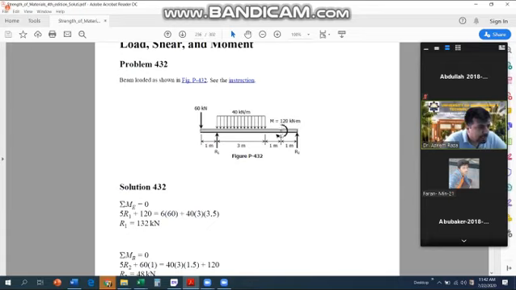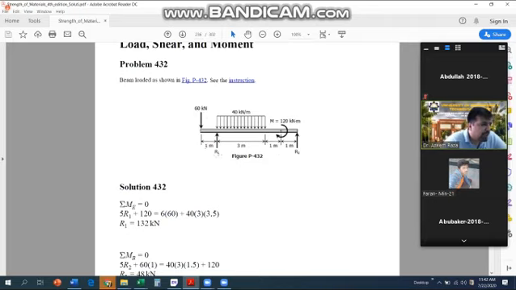Then we have a couple, already a moment of 120 kilonewton. That is a clockwise moment that we, I think, defined as positive. We'll see. So it's a clockwise moment already applied at this point on this one. Then we have a concentrated load of 60, and distances are given.